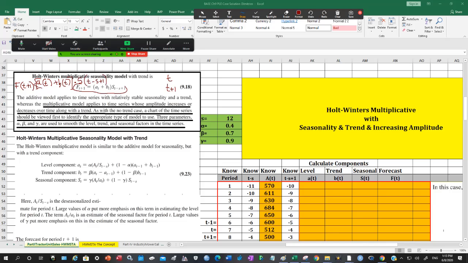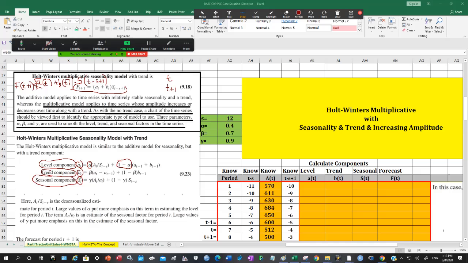And those factors are the level component factor, A of T, the trend component factor, B of T, and the seasonal component factor, S of T. So you see we use alpha for A of T, to smooth things over.